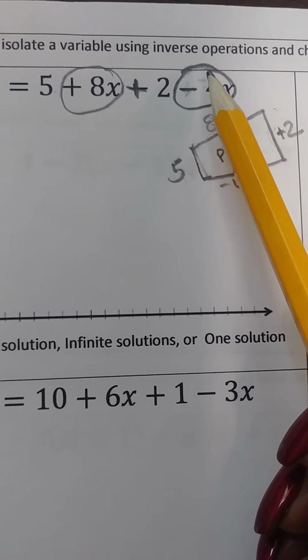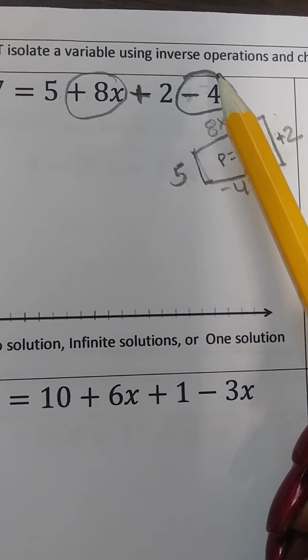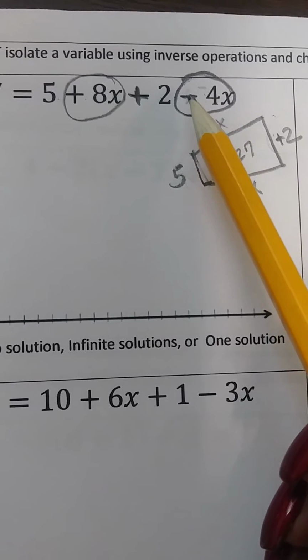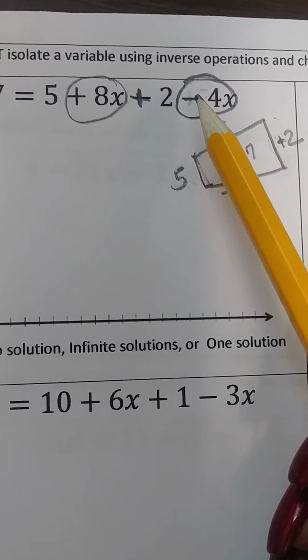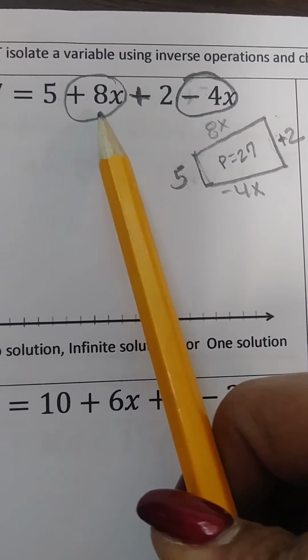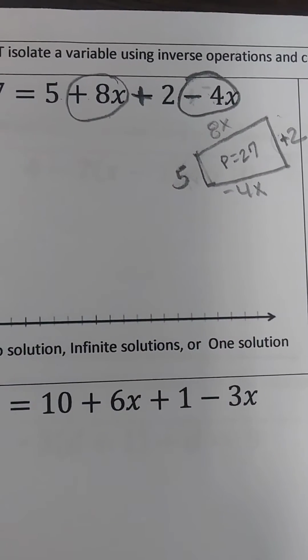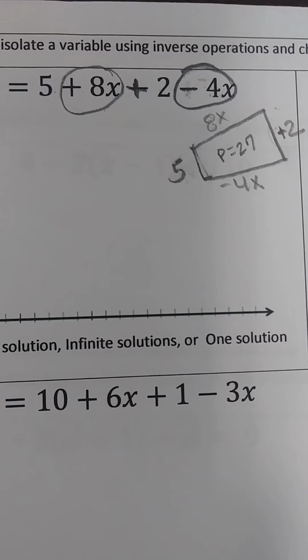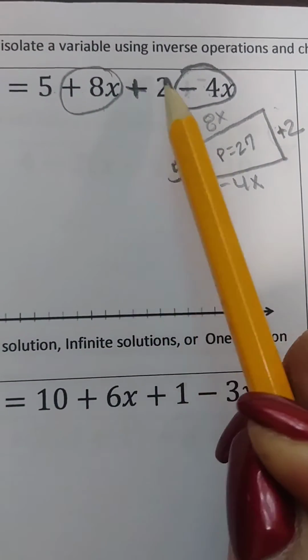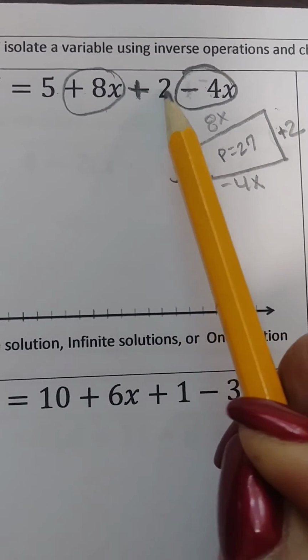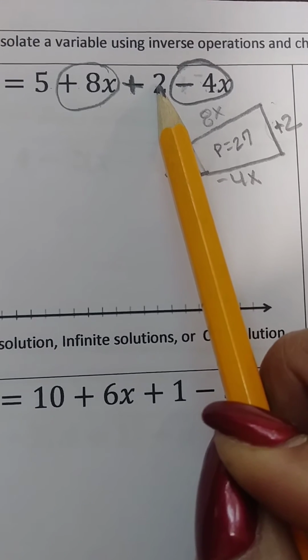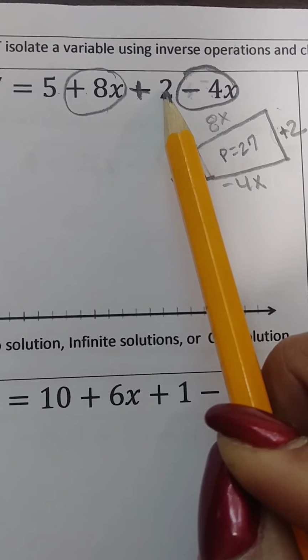That way you don't have too many signs. It makes it difficult to decide what to do. Anyway, moving on. 8x minus 4x is what you're going to do. Not 8x plus 2. See, this plus sign belongs to that 2. Take the sign in front of the coefficient.